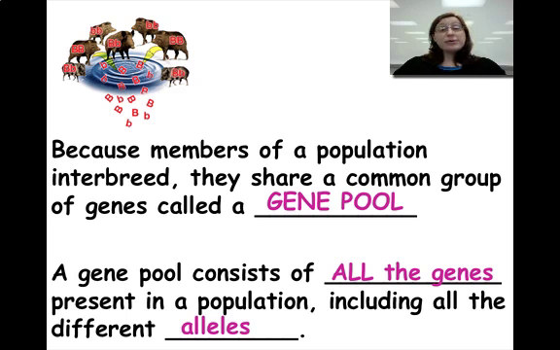Obviously, if we're talking about different types of traits, for example, if some of them are polygenic or if there are multiple alleles, as many alleles as are in the genotypes will go into the gene pool. But we're just going to stick to a basic Mendelian monohybrid example where there's one dominant allele and one recessive allele to keep things kind of simple for this explanation.